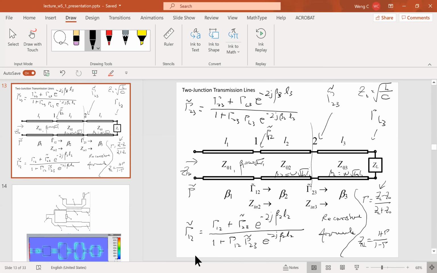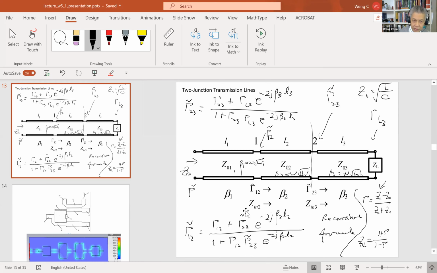If we have a set of parameters, beta 1, beta 2, and so on, do we have an explicit expression for Z in, or say gamma, for the nth link of this chain via all these Z1, Z2, and so on? Yeah, they are embedded in this very complicated formula.